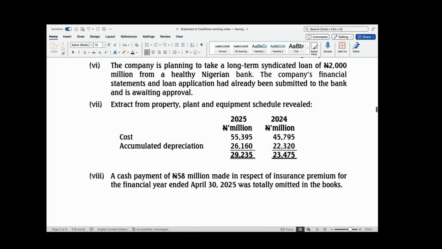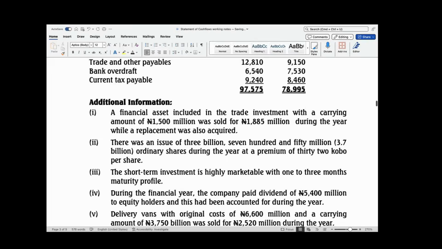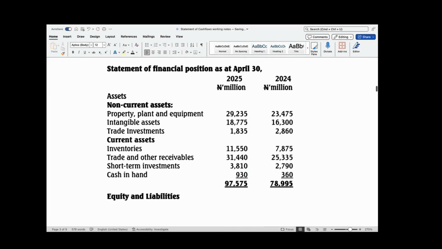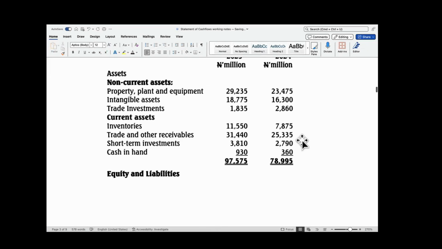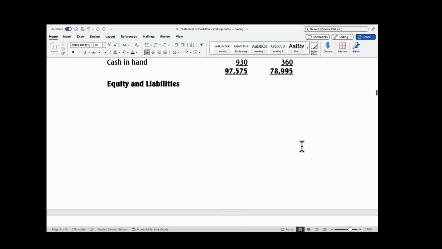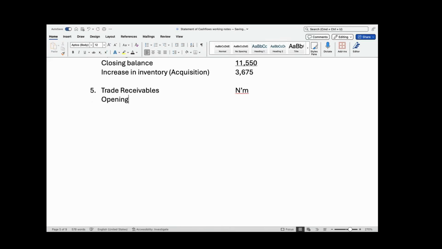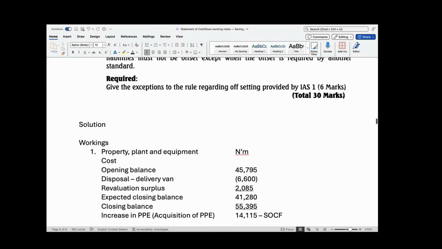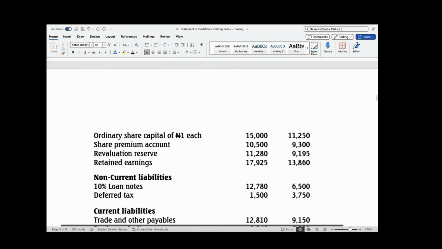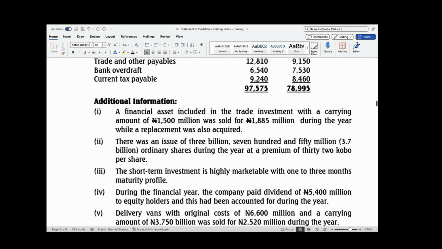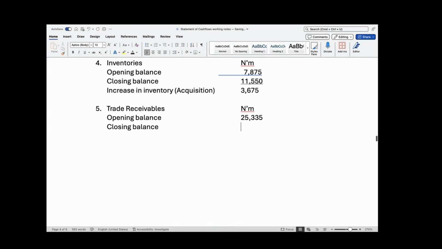My trade receivables. What's the opening balance for this one? 25,335. What's the closing balance? 31,440.